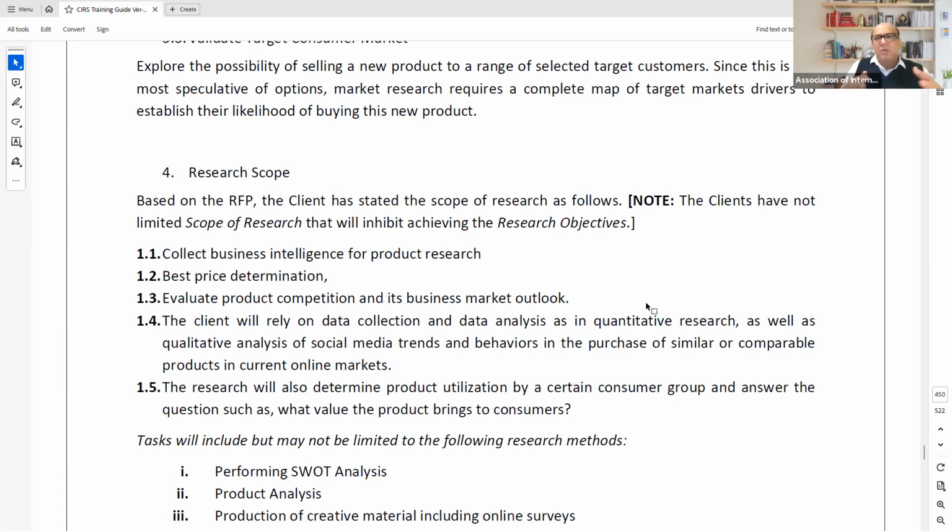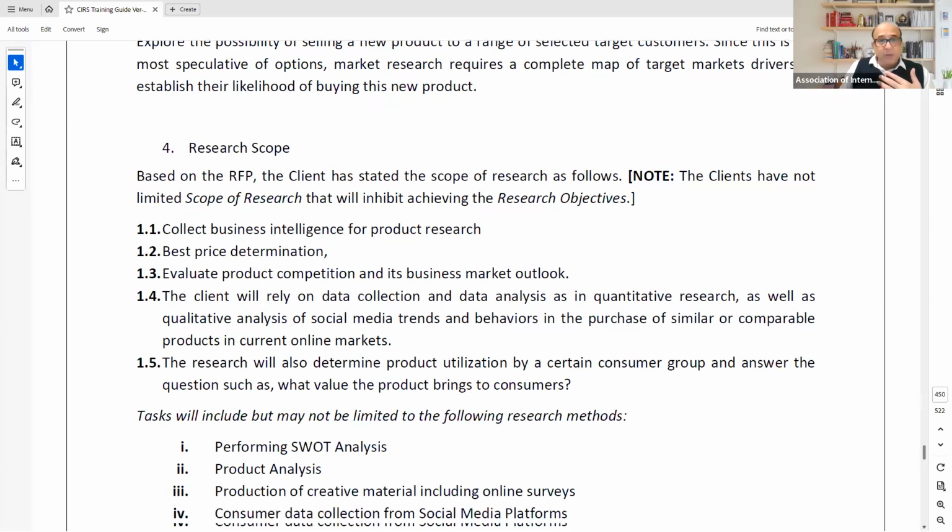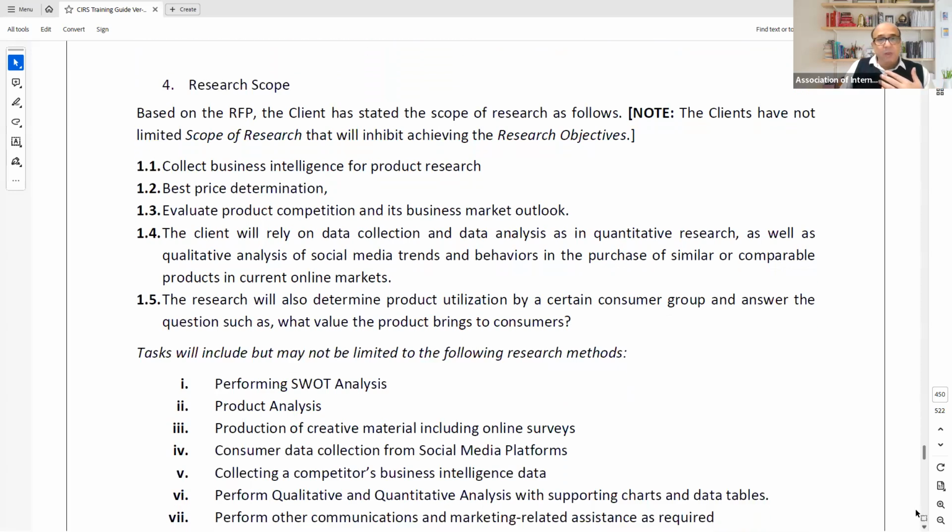And so, unless you get a more detailed scope identified, you will keep changing your proposals, because the proposal also carries the time and milestones that you will have to identify, how you're going to reach those milestones and cover the entire research. So all that is going to play a role.